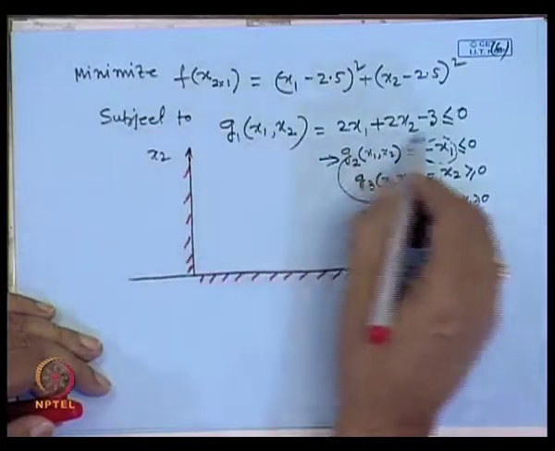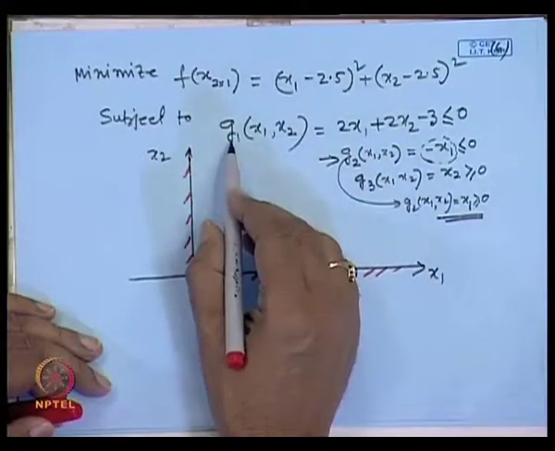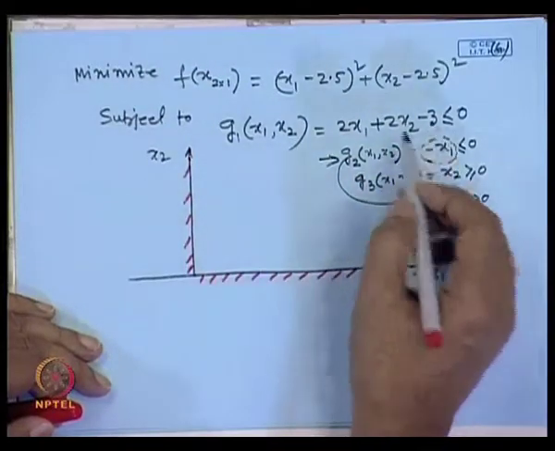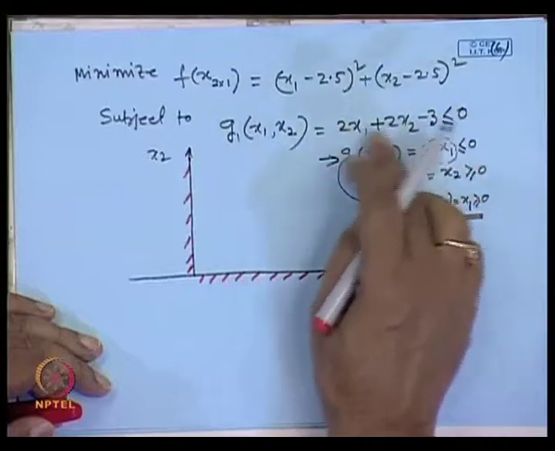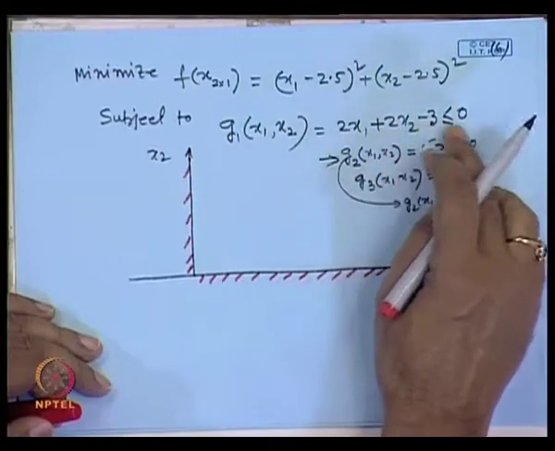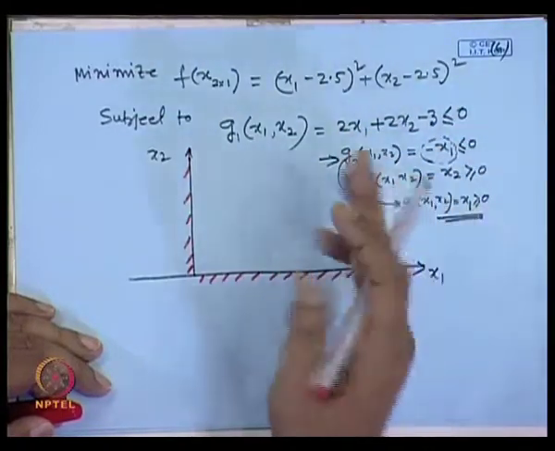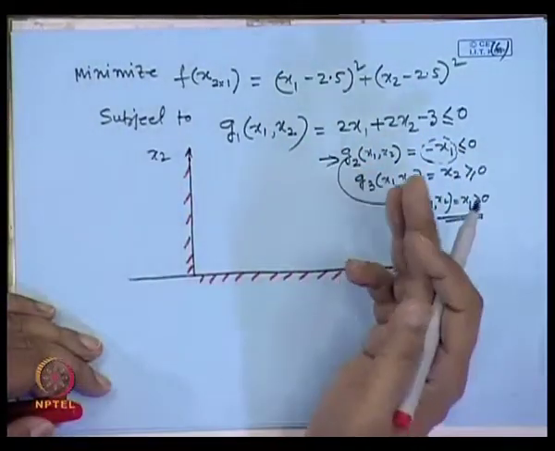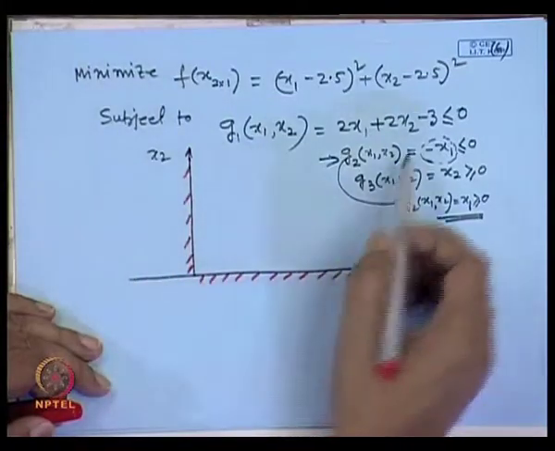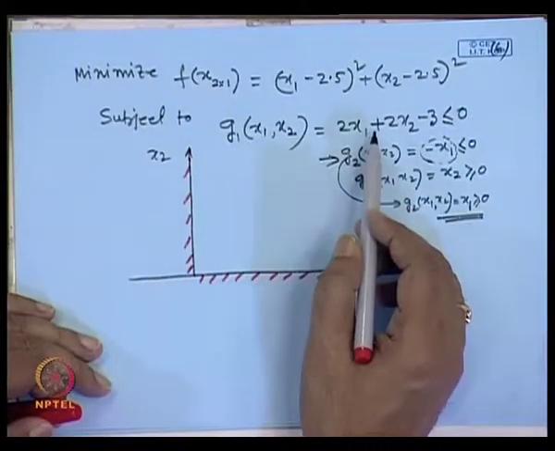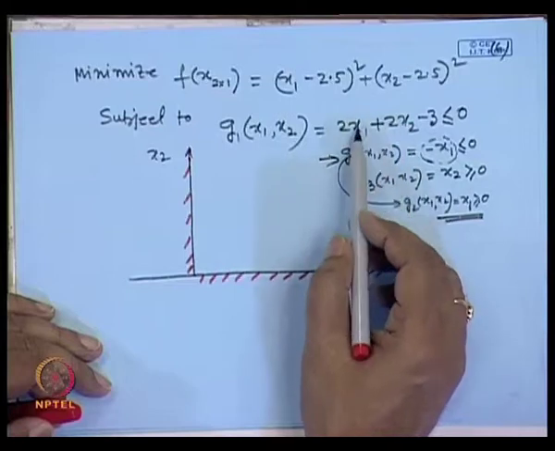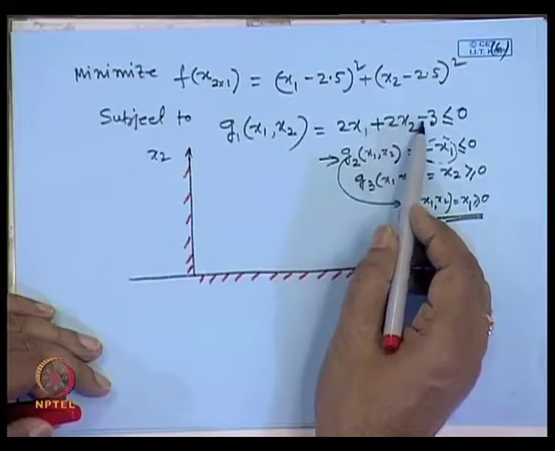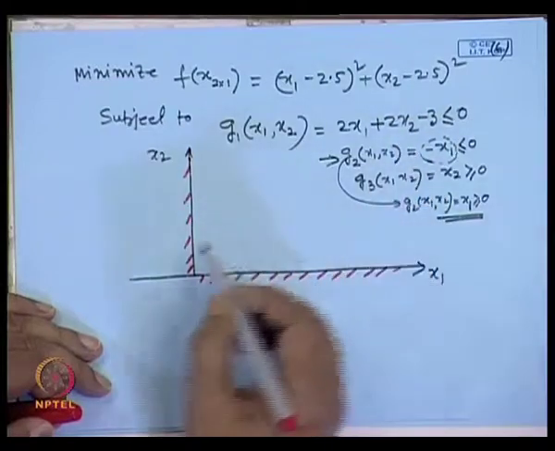Now, what is that first inequality constraint? Just draw the line 2 x 1 plus 2 x 2 minus 3 equal to 0. Draw the line first, then I will decide less than 0 is on which side of the line, or greater than 0 on which side. If x 1 is 0, then 2 x 2 minus 3 is equal to 0, which means x 2 is 1.5.